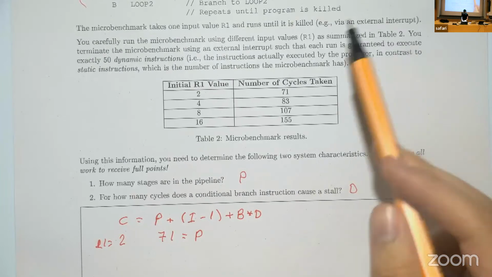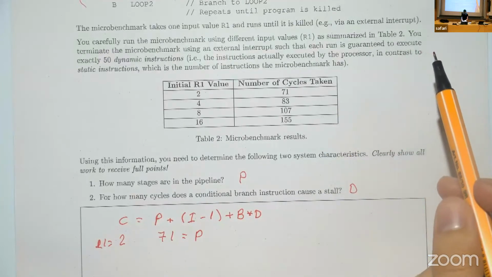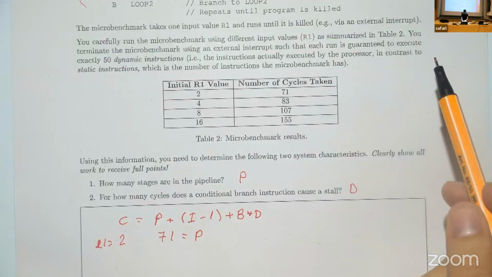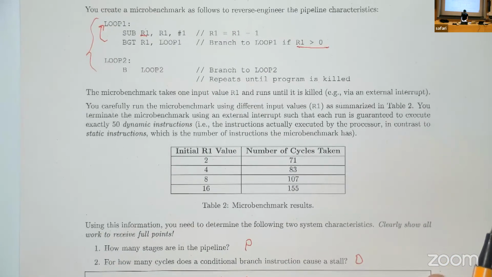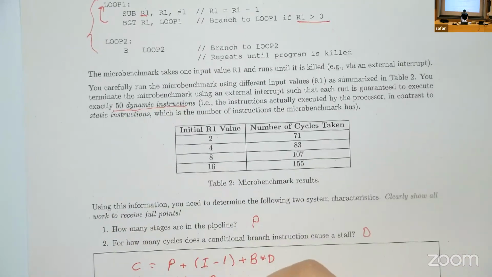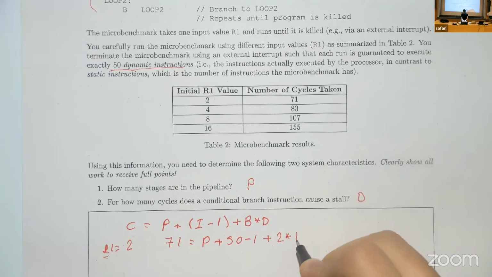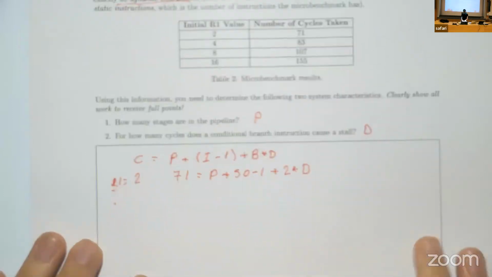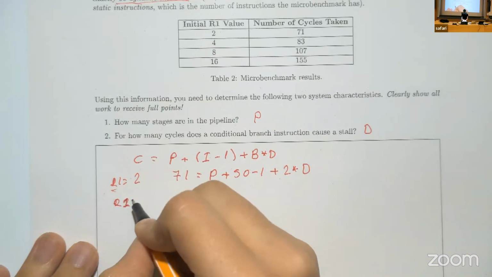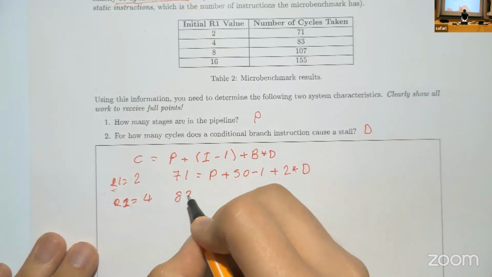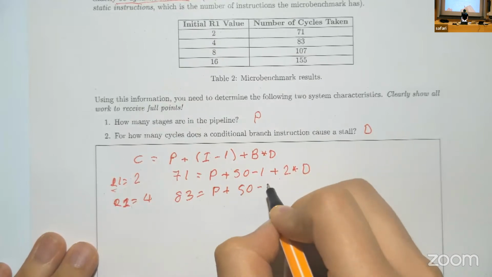It's also stated in the question, which I cannot see right now, but it should be 50. Okay, so let's write it there. And we know B is 2, which means that this is written as this. And let's write it for R1 equals 4 as well. Similarly, we can write this.